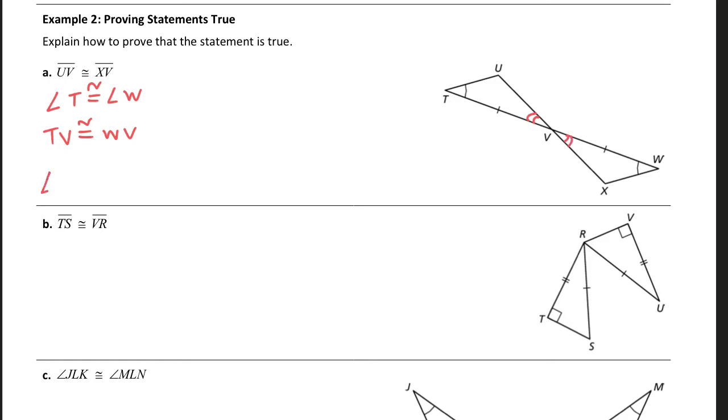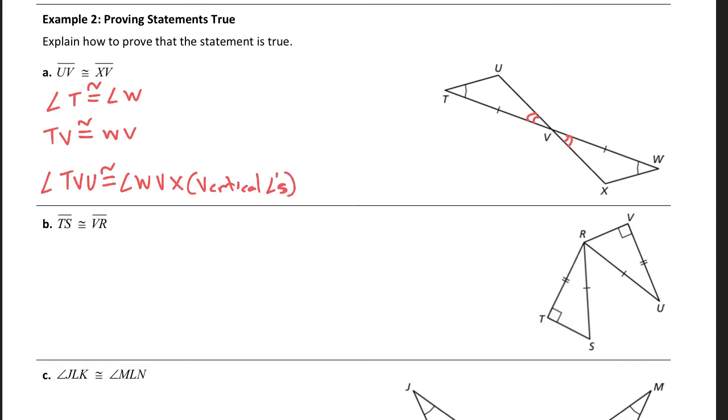So I'm going to say, and I'm going to have to list them out with 3 letters, I can say that angle TVU is congruent to angle WVX, and that is because those are vertical angles. So it's remembering our definition of vertical angles from before.